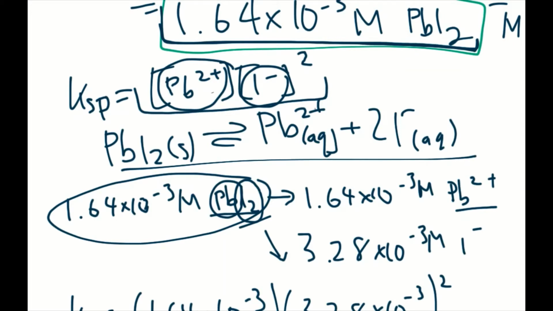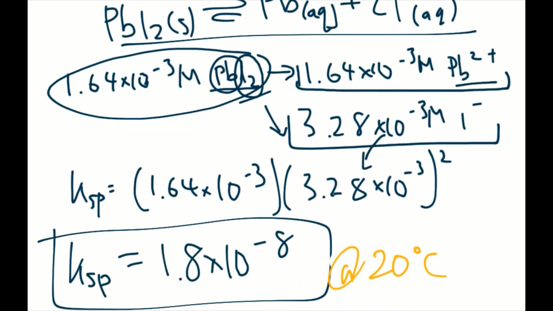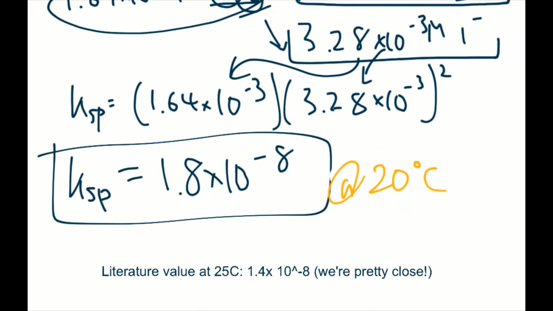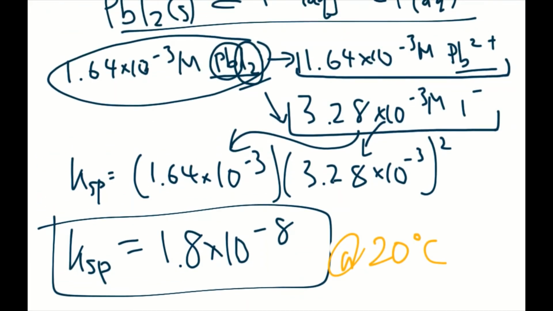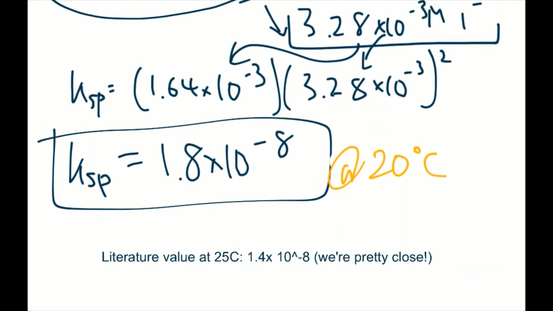So I will have 1.64 times 10 to the negative third molar of lead(II), and twice as many molar of I-, or 3.28 times 10 to the negative third molar of I-. I simply plug these into the equation I wrote up here, and you do the math, and I get that the Ksp for lead(II) iodide turns out to be 1.8 times 10 to the negative 8.